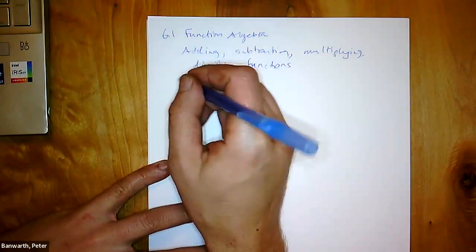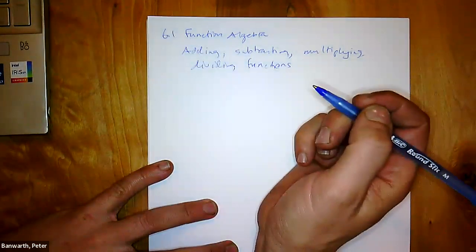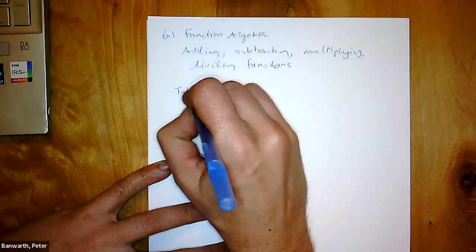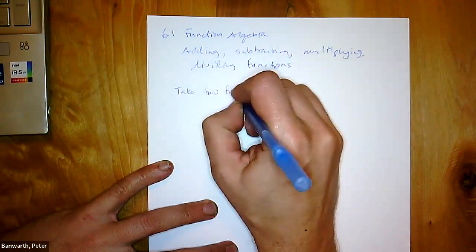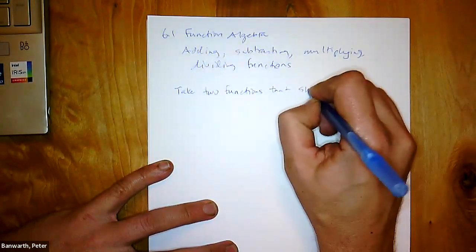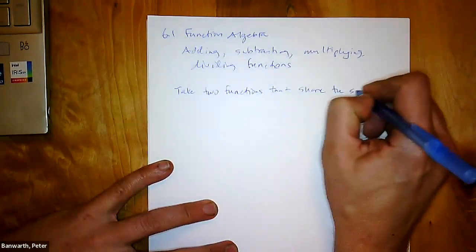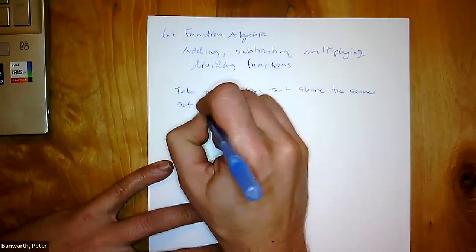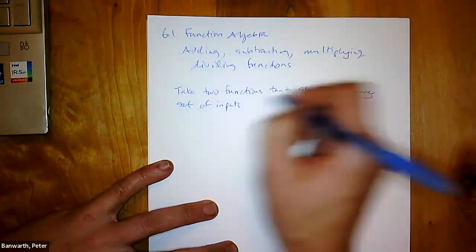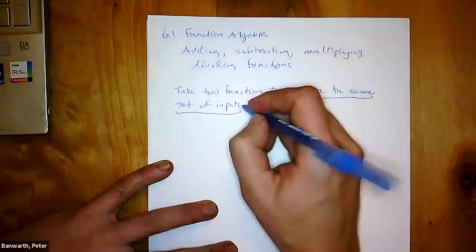So since there's not a warm-up, just a quick little introduction to how these things work. So if I have two functions that share the same set of inputs. So this is really important. They have to share the same set of inputs.